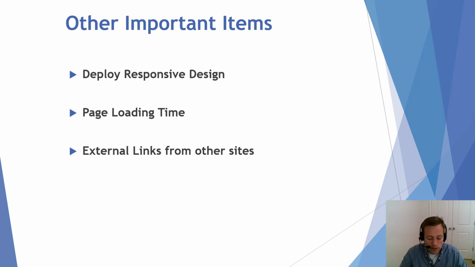A few other ways to ensure that your website appears at the top of search engine results. The first is deploy responsive design. That just means that your website is optimized for both personal computers as well as mobile devices such as phones. You've really got to have both there. And it's not just that, oh, people are going to try to load my page on their phone, if it doesn't come up so great, too bad, they'll close out of it.